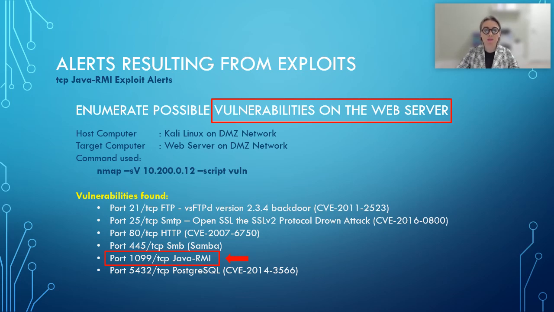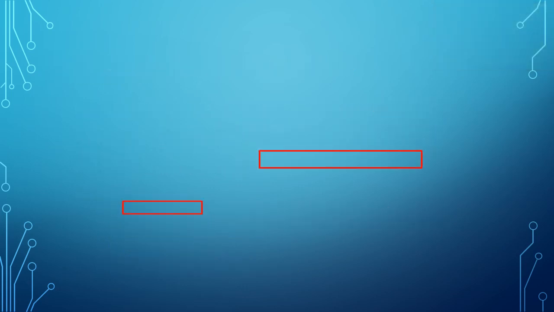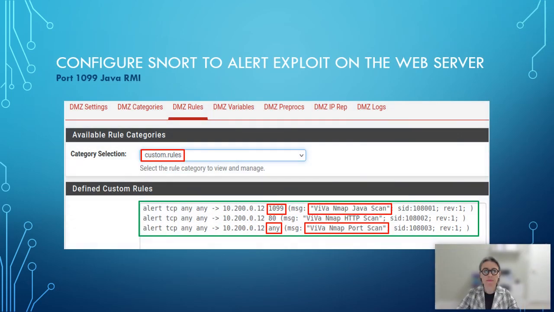Let's look at the custom rules we created that will be triggered by the above exploit. Selecting Services, Snort, and then the interface settings for the DMZ will bring you to the DMZ interface setting page.